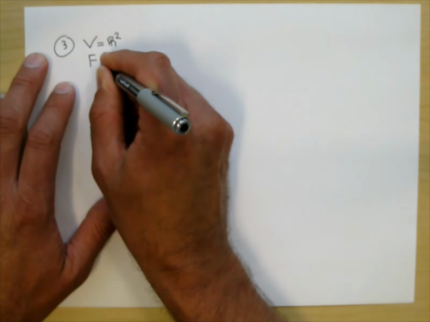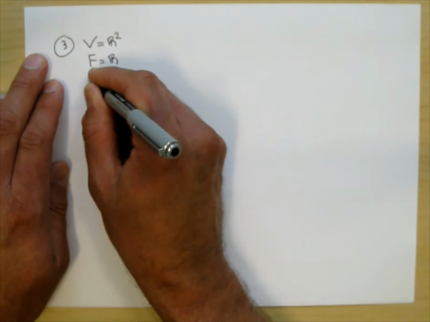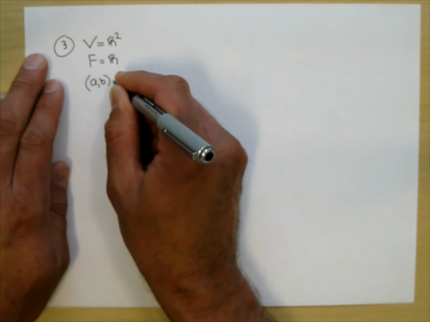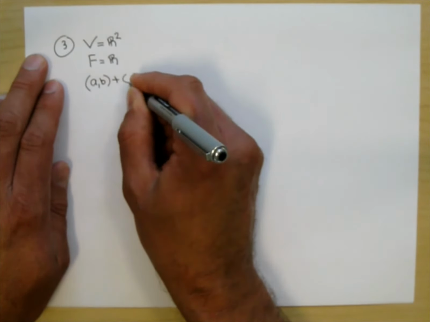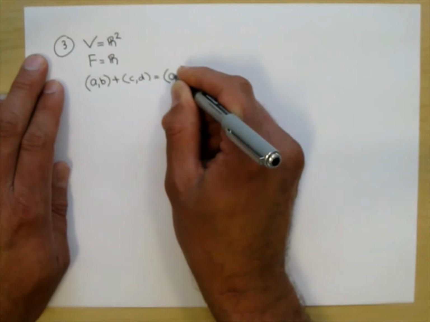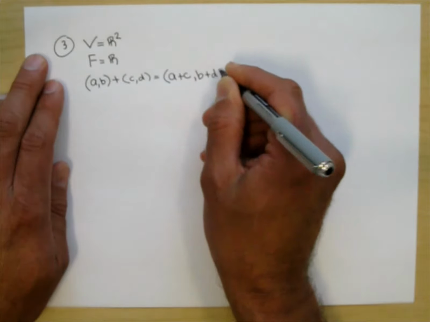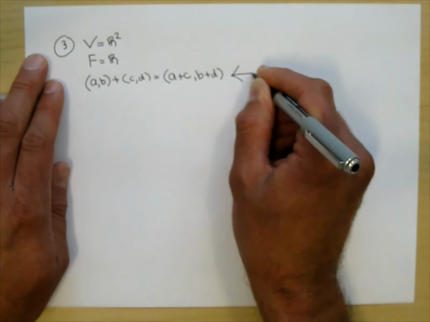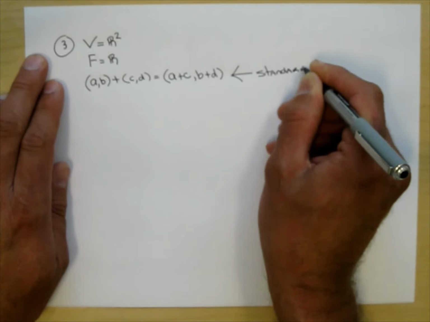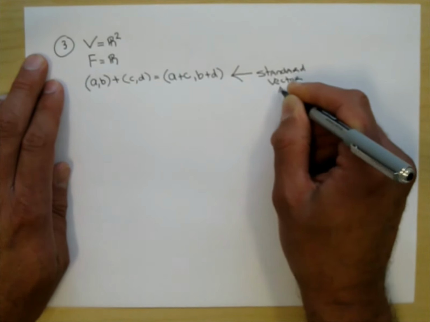Your scalars are the real numbers. To add 2 vectors in this world, we're going to go (a, b) plus (c, d). This is going to equal (a plus c, b plus d). So this is really standard vector addition.